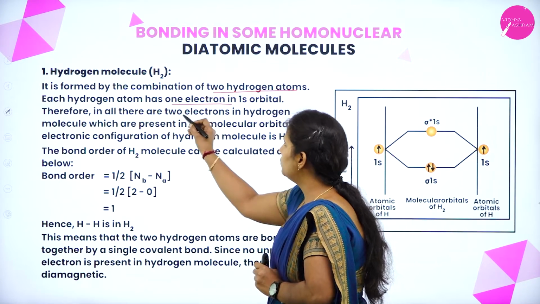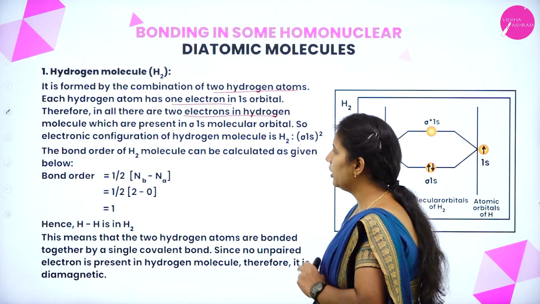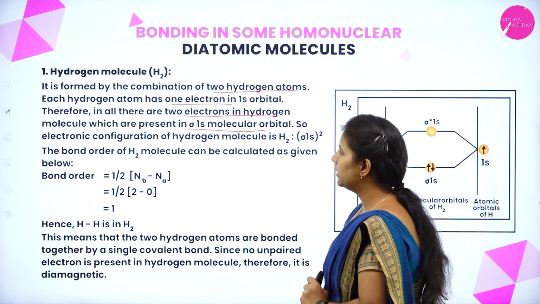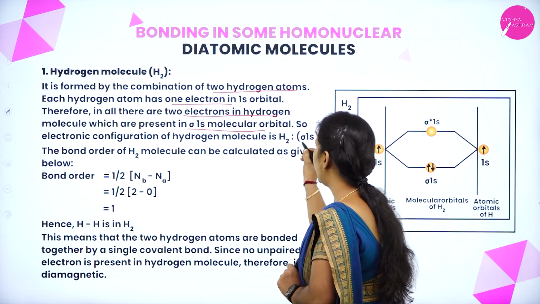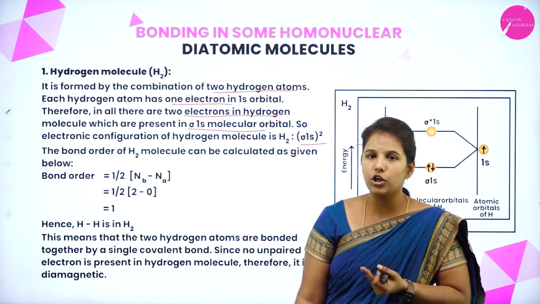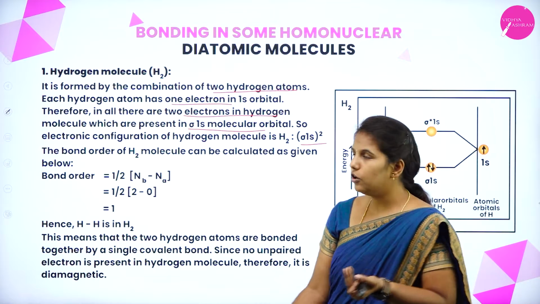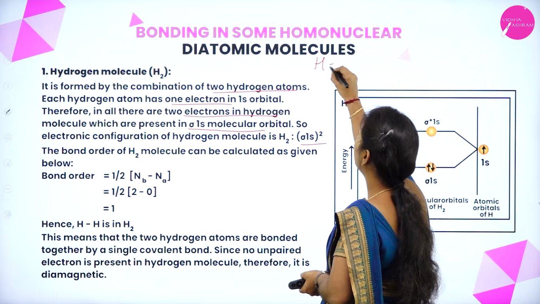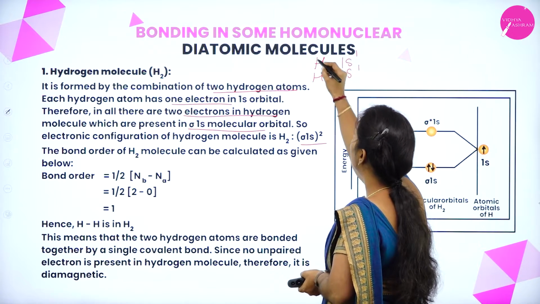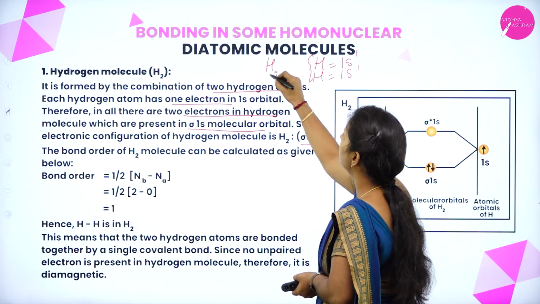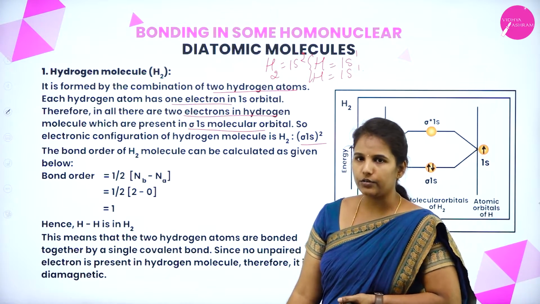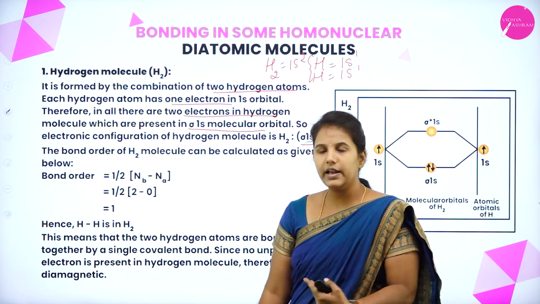So these two electrons in the hydrogen molecule occupy the sigma 1s molecular orbital, and the electronic configuration of hydrogen is sigma 1s square. Each hydrogen atom has an electronic configuration of 1s1. Together, for the hydrogen molecule, we write 1s2, because the electrons add to give 2 electrons.